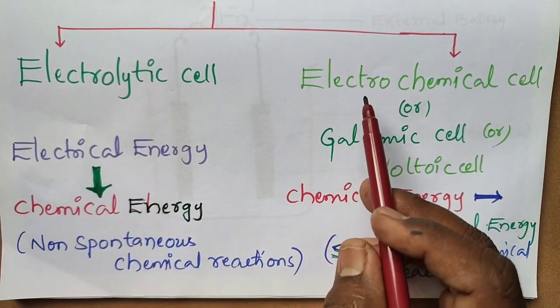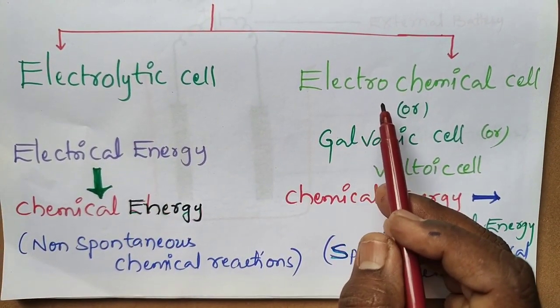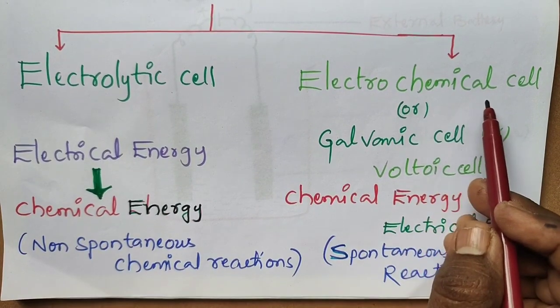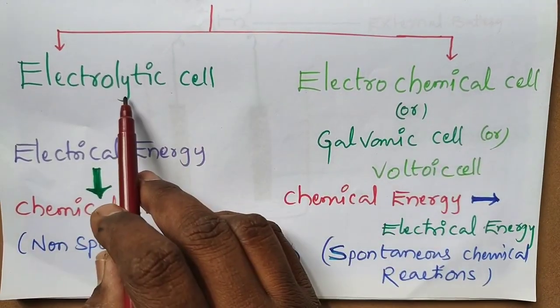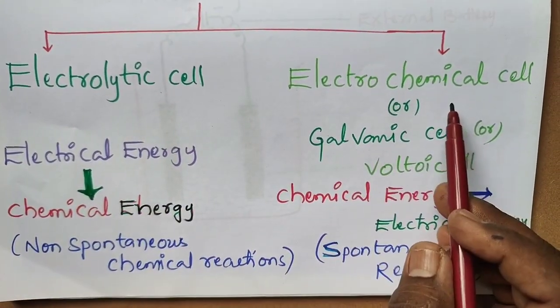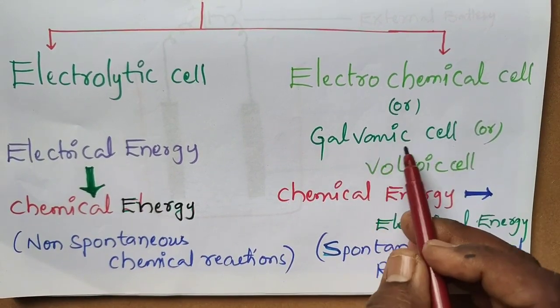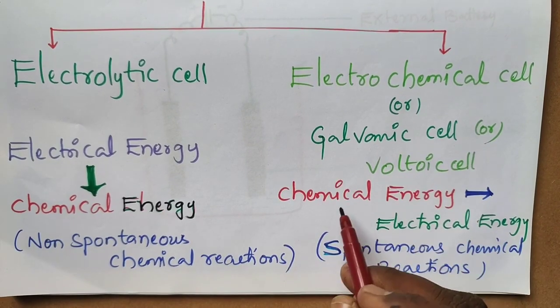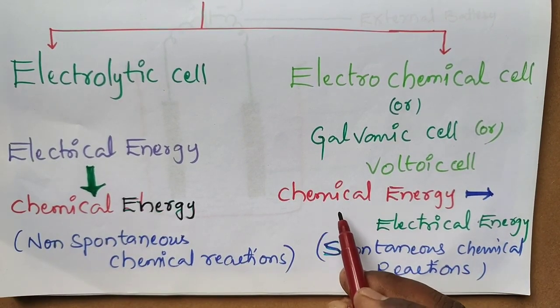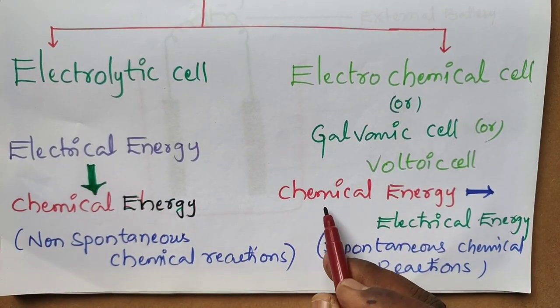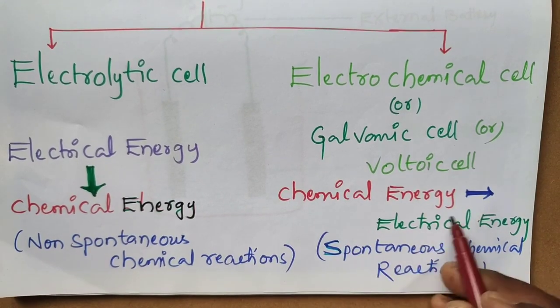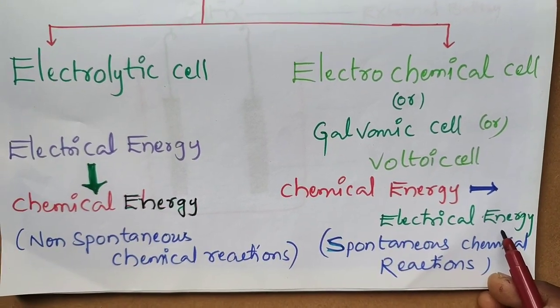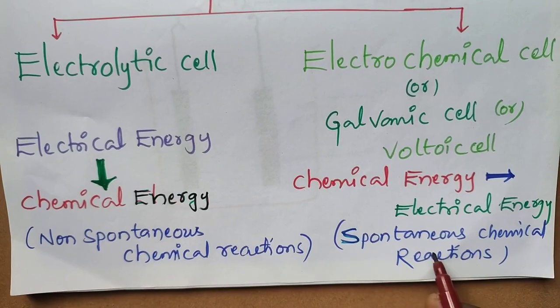The other one is the electrochemical cell, also called a galvanic cell or voltaic cell. In this, chemical energy is converted to electrical energy in spontaneous chemical reactions.